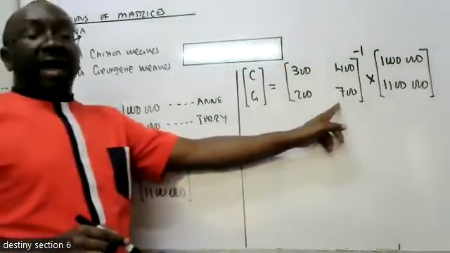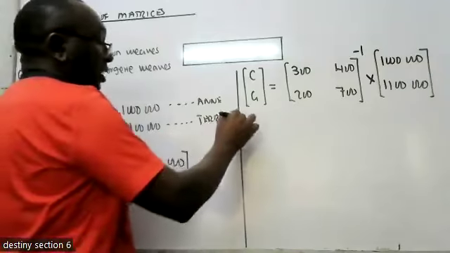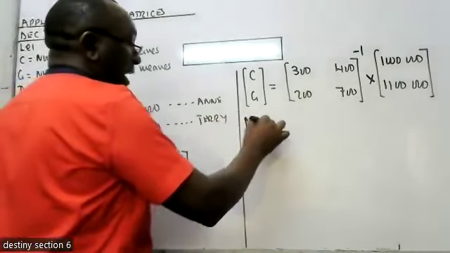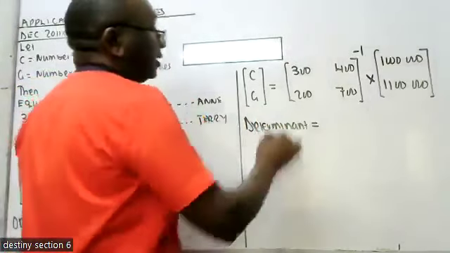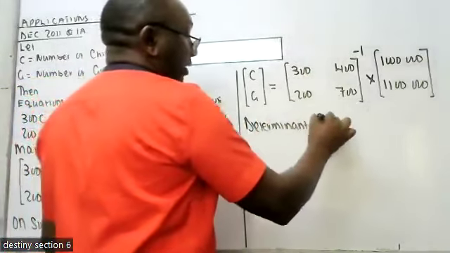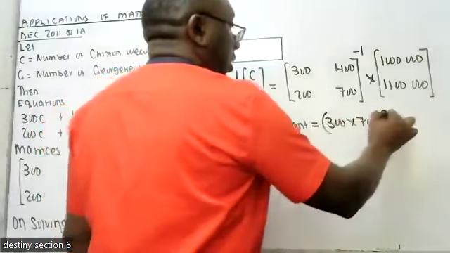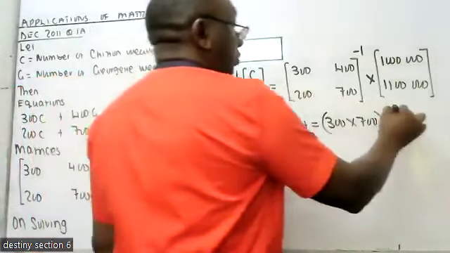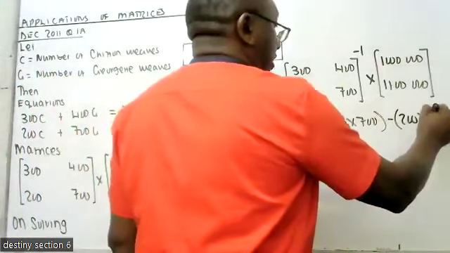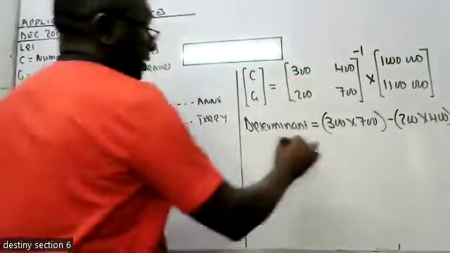Because it's a 2 by 2 matrix, and we know how to get the inverse of a 2 by 2 matrix, we start by getting the determinant. The determinant will be the major diagonal, that is 300 times 700, minus the minor diagonal, 200 times 400.